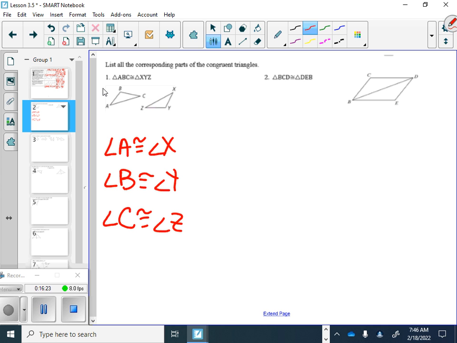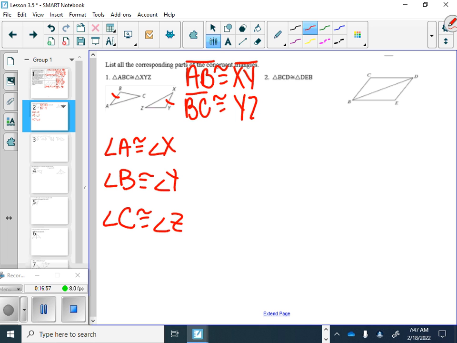Alright, now let's talk about our sides. What side is congruent to side AB? XY. AB was the first two letters, and the next one, XY, is the first two letters. So AB and XY. On your picture, you'll put one tick mark. What side is congruent to side BC?